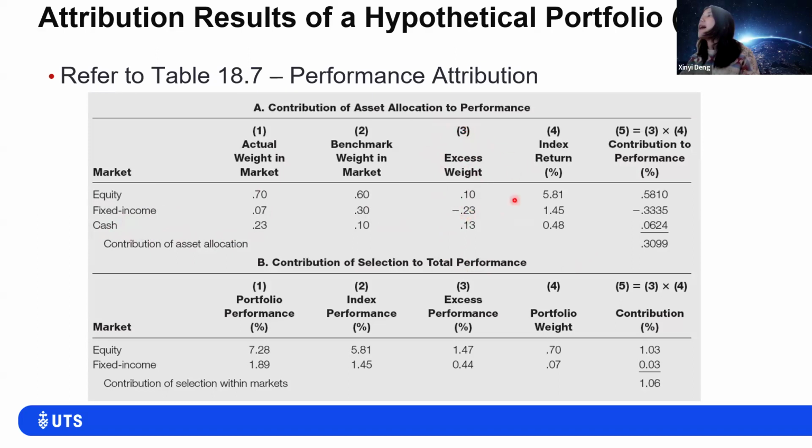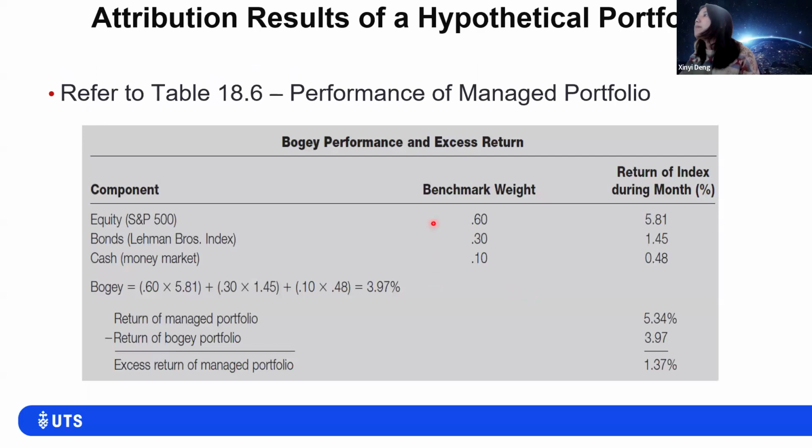And with the excess weight of each market segment, we just use those excess weights times the corresponding index returns, and then we sum those three products. If we look back at the benchmark, we know that the index returns are in this column here.